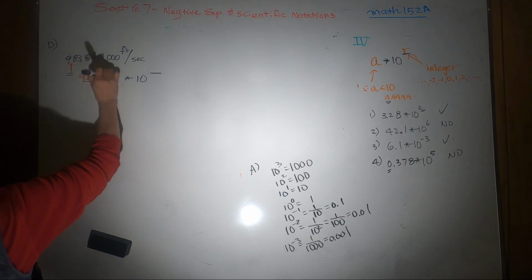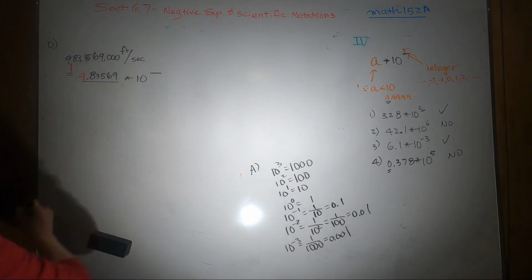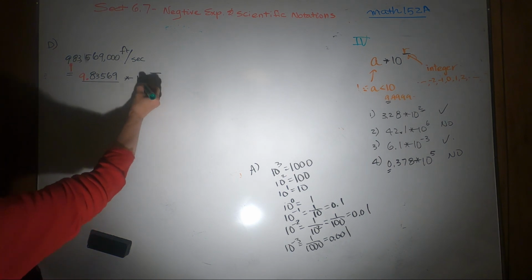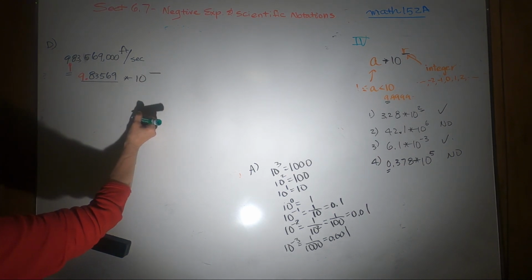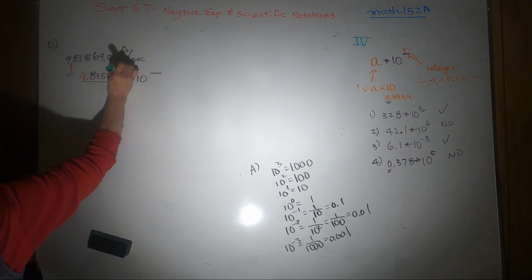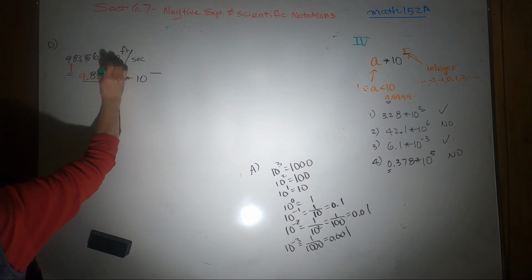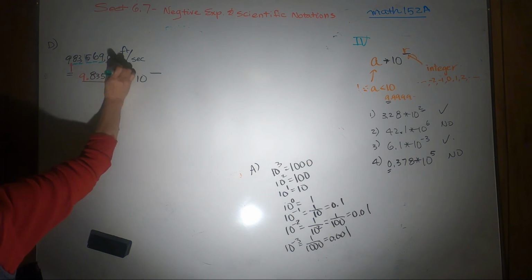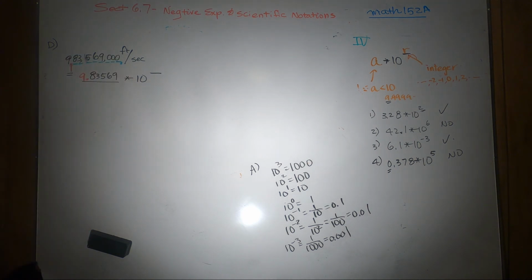So you put all the remaining numbers behind it. Then you have to decide how many powers of ten you have to multiply. So it was here, you move how many places? 1, 2, 3, 4, 5, 6, 7, 8. 8 places for the decimal.